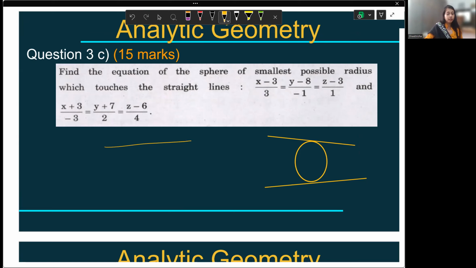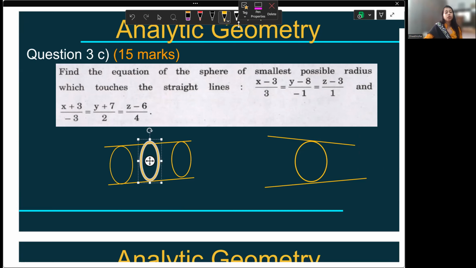Even if they are parallel lines, a unique sphere is not possible, because then many spheres are also spheres of minimum radius. So unique sphere is only possible if these are skew lines.